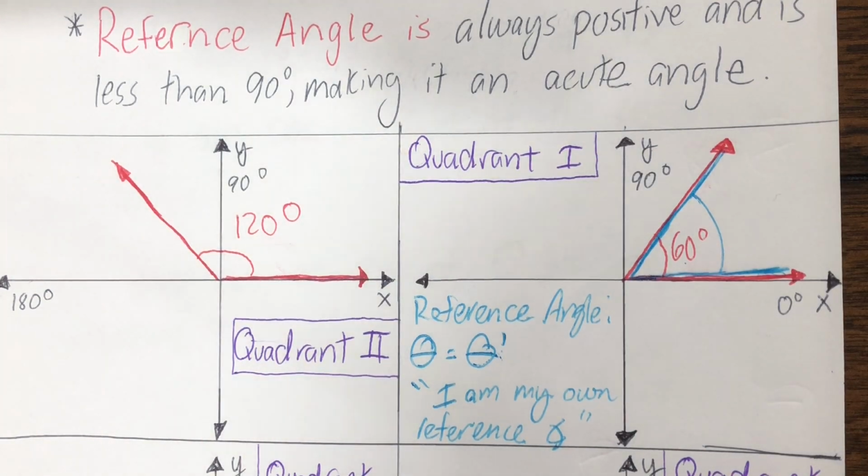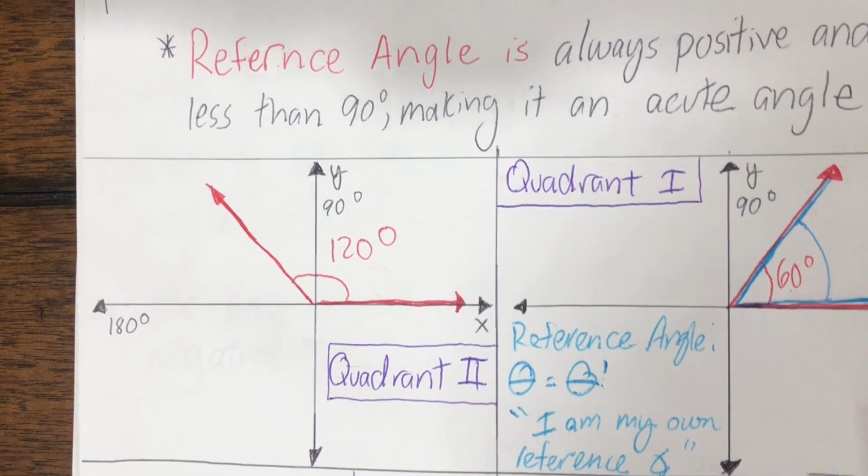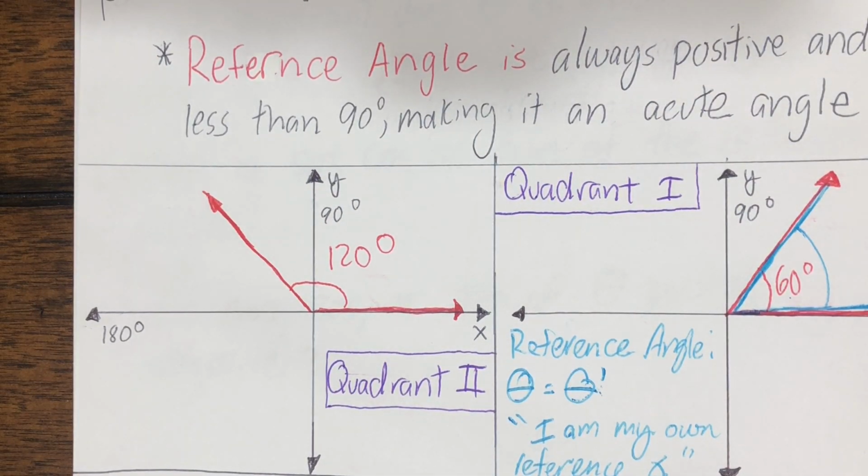Let's take a look at the second quadrant. In quadrant 2, we're looking at angles over 90 degrees. So we have an example, which is 120 degrees. Usually the reference angle is located between the terminal side and the nearest part of the x-axis.